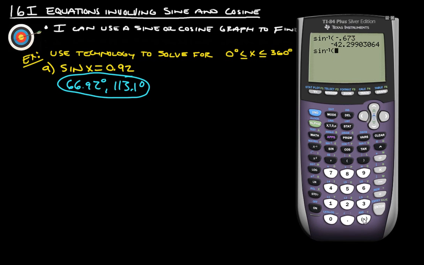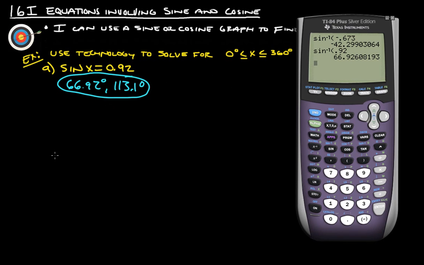And we're going to do, oh sorry, positive 0.92, what am I talking about? 0.92, and then we want to figure out where that is, 66.93, so it's a little different from that, but it's pretty close, 66.92 there.